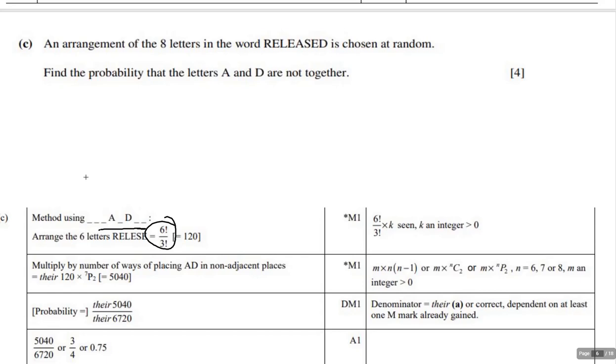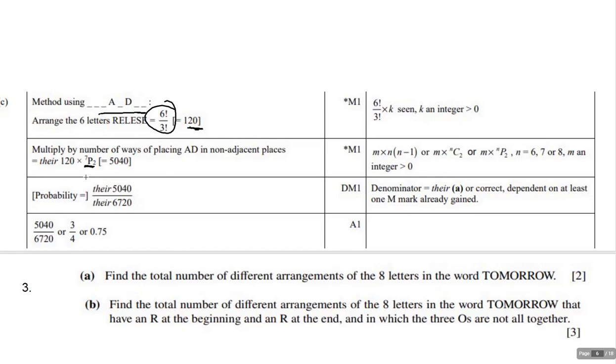And then you can see here we multiplied by 7 or P2. Say, for example, you screw up the first one. They'll still give you a method point. And then the probability. Even if you got the wrong number as the total number of ways and the wrong number here, if you at least try to divide them, then you can get a method point, because at this point, dividing them is the right thing to do. And then, of course, you get the right answer. All right.